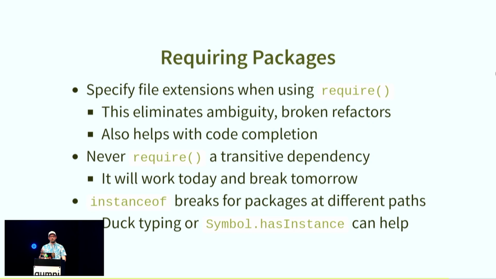And the behavior can also change, maybe if you're using pnpm and the de-duplication changes, you can actually have differences between the package managers that you use to install these packages. Ways to get around that: you can rely on duck typing, which is where you just check to see if the object is shaped the way you would expect. Or you can use maybe Symbol.hasInstance. There are a few ways around that.